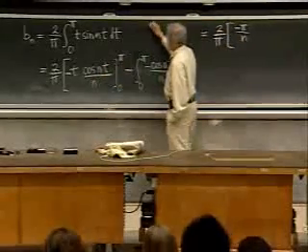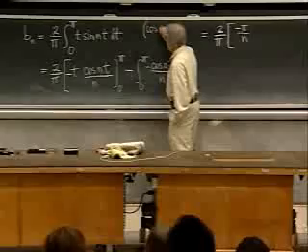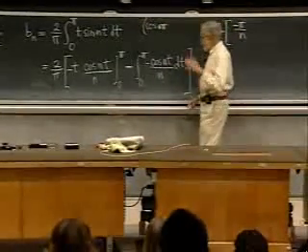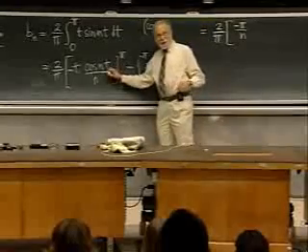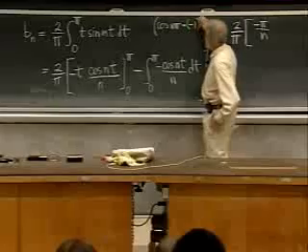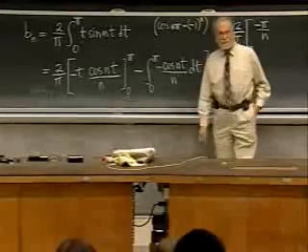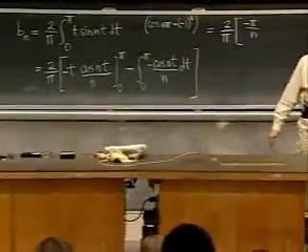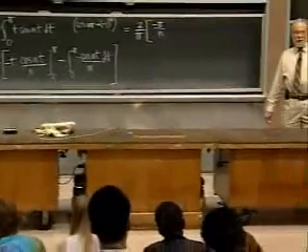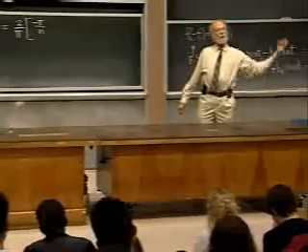Now, once and for all, the cosine of n pi, if you like to make separate steps out of everything, okay, I'll let you do it this time. But in the long run, it's good to remember that that's negative 1 to the nth power. The cosine of pi is minus 1. The cosine of 2 pi is plus 1. 3 pi minus 1, and so on.